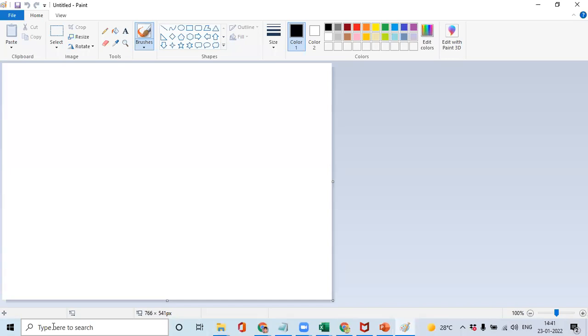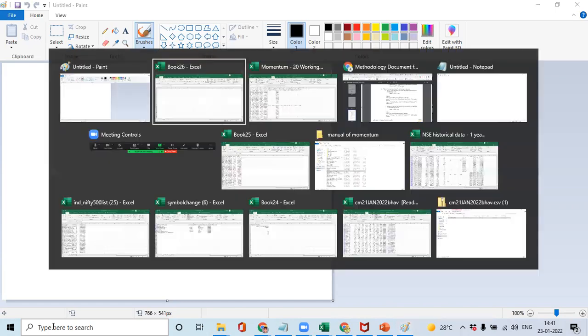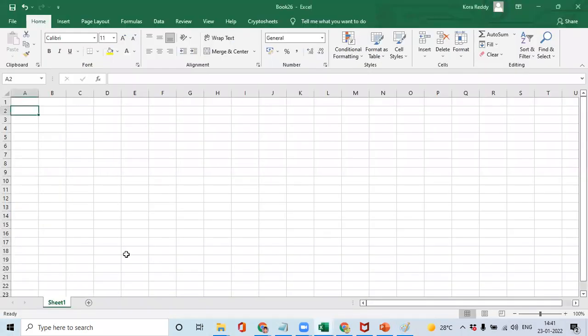Some stock would have given minus 50% returns. So if I plot a chart, it looks ugly. Something like this. Stock A, stock B, stock C. This has given 200% returns. This is just 5% returns. This is minus 40%.